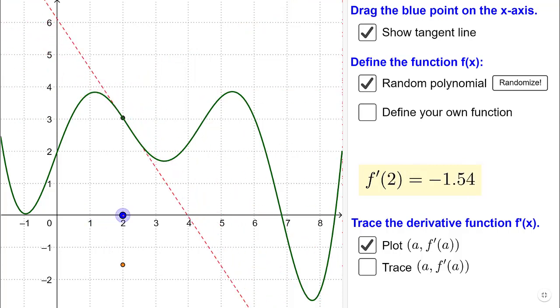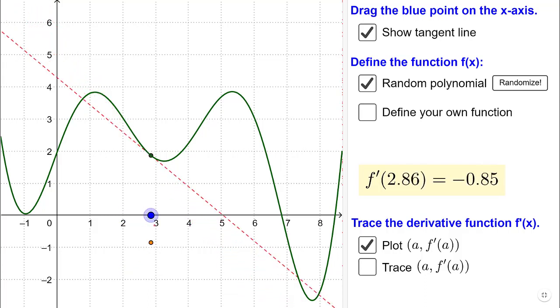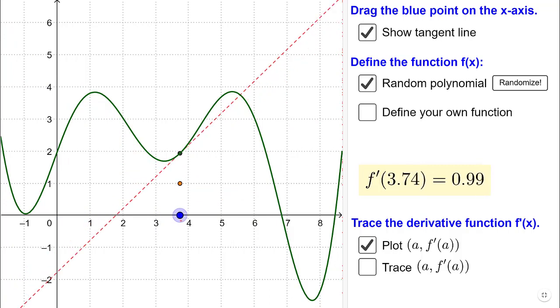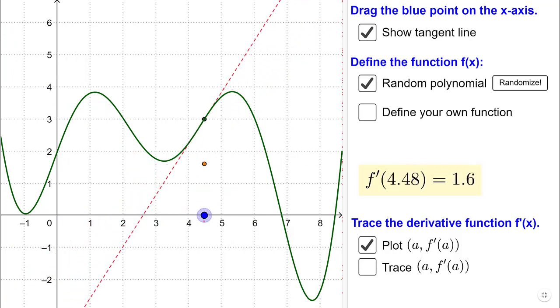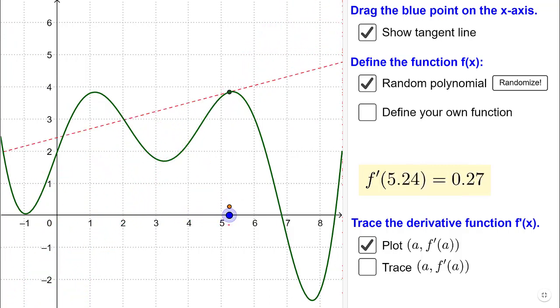When x is 2, the slope of the tangent line is negative 1.54, and the value of that point is negative 1.54. And so on. As I move my x, we can see how the value, that is the height of that point, reflects the slope of the tangent line.